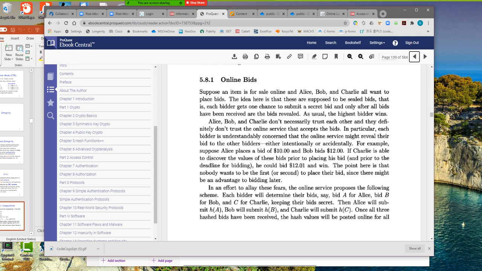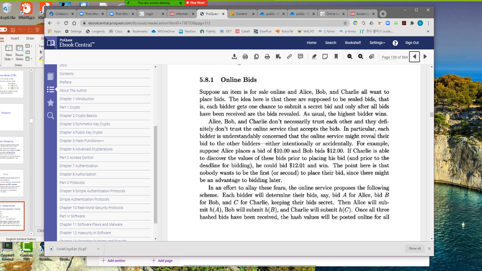And if Charlie is able to discover the value of these bids prior to placing his bid, he could bid $12.01, and then Charlie can win, right? So the point here is that nobody wants to be the first, or maybe the second, to place their bid, since there might be an advantage to bidding later.